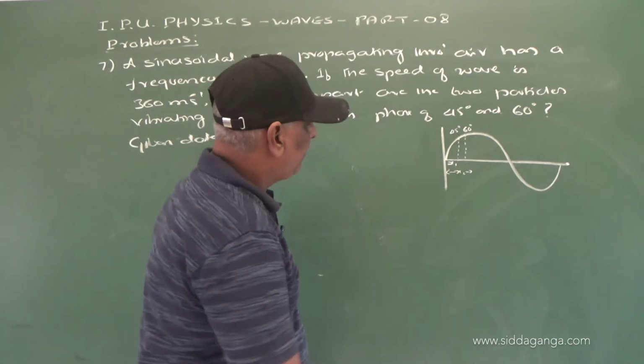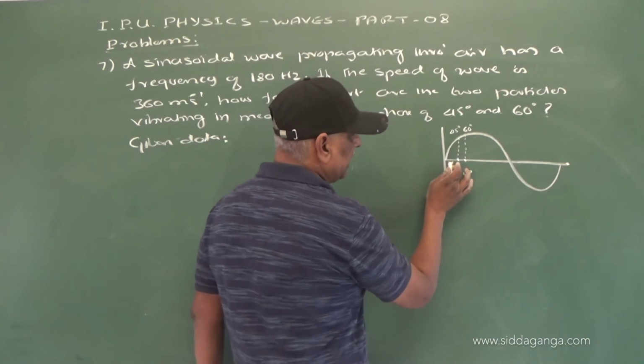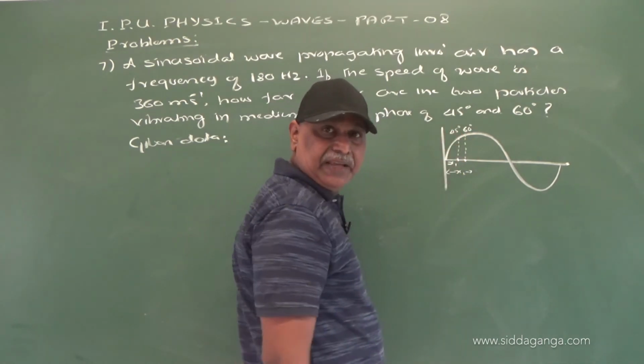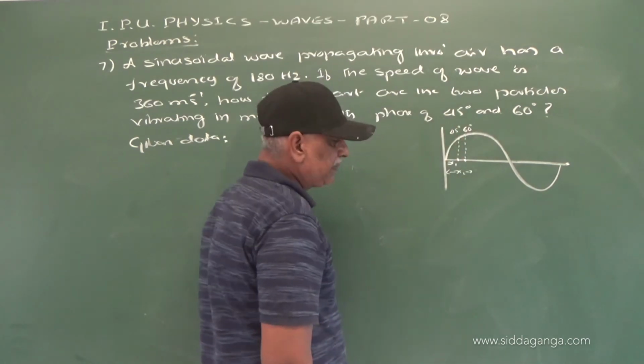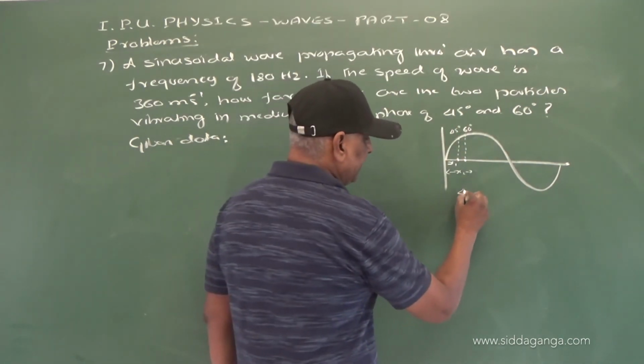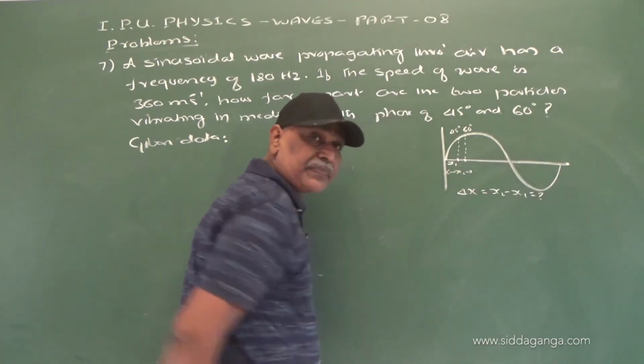Right? We need to find the distance between the two particles. So we need to find delta x is equal to x2 minus x1 is equal to what?